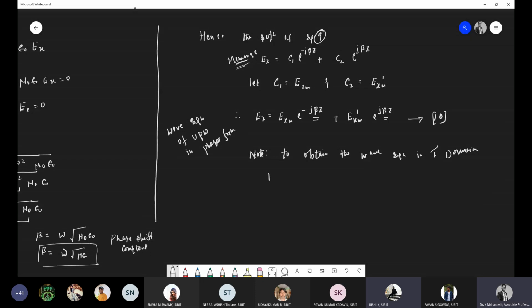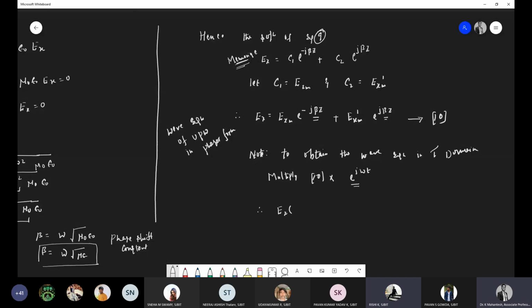You have to multiply equation 10 by e power j omega t. Therefore, multiplying equation 10 by e power j omega t, you would get Ex.